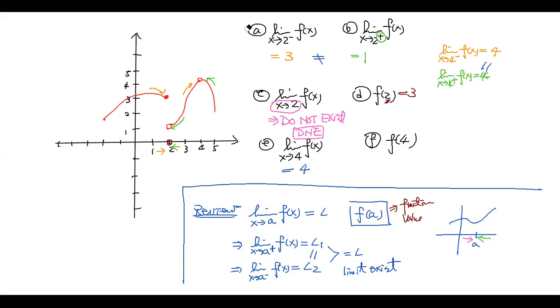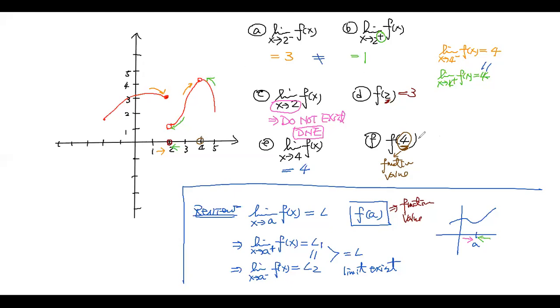Okay, now let's take a look at the last one here. What is this one? This is the function value, right? That means when x equals 4, what is f(4)? As you can see, when x equals 4, there is a circle.